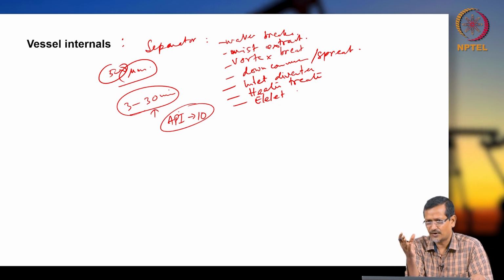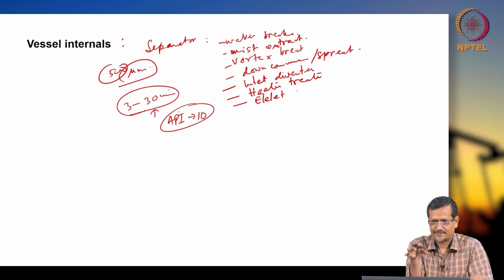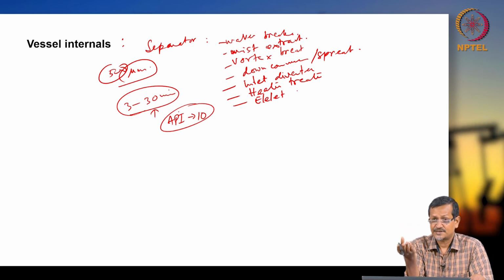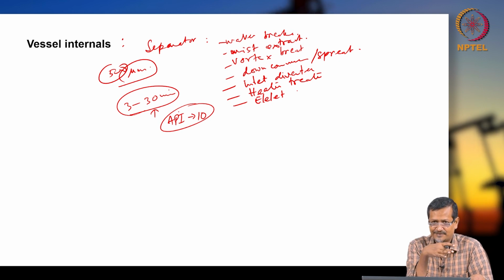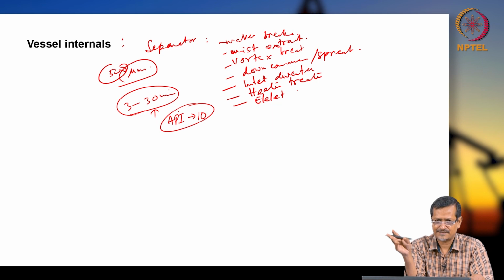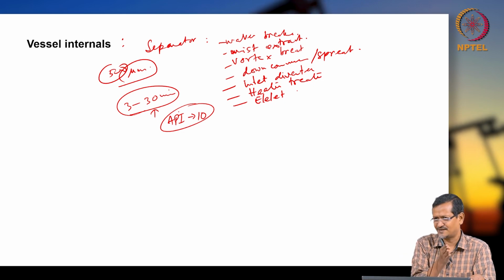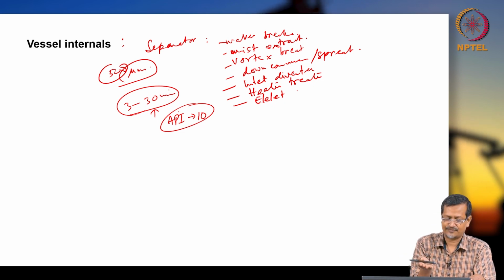But for thinner, light oil, separation will be quicker, so the retention time will be lower. In the exam I can give API or viscosity, and based on that, you can identify which retention time applies to which separator system and which oil.